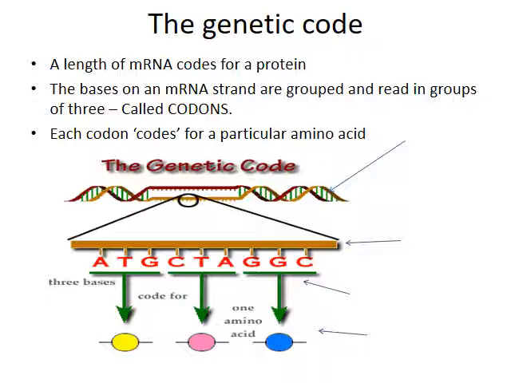So let's do it in order. Here we've got our DNA. And what we remember from the slide just before is that the DNA has a set of instructions which we transcribe into a length of mRNA.